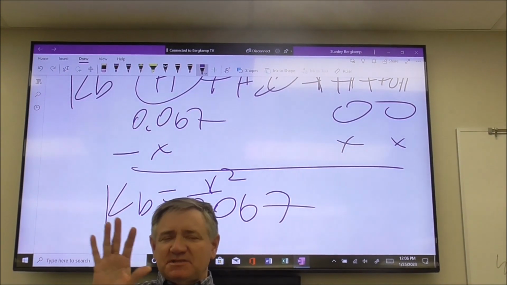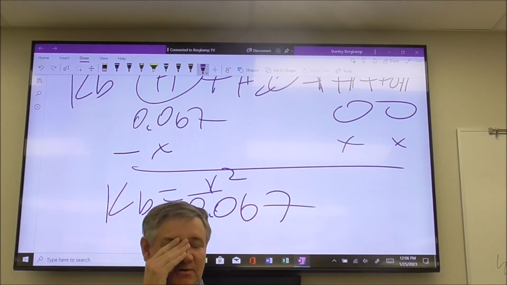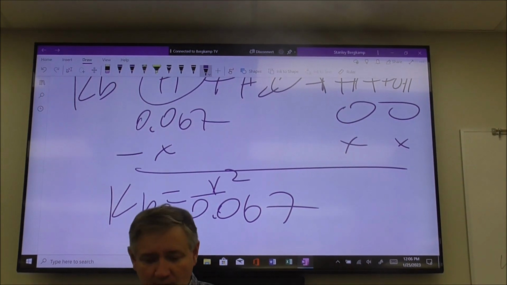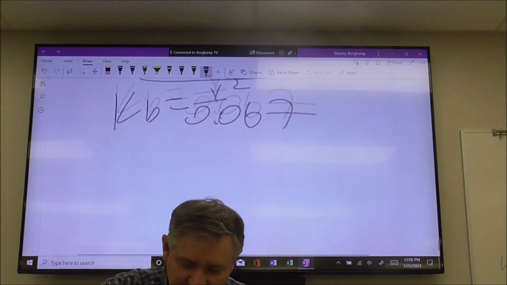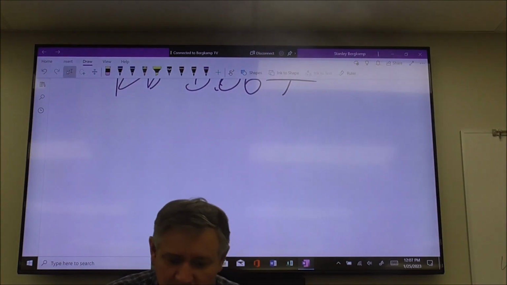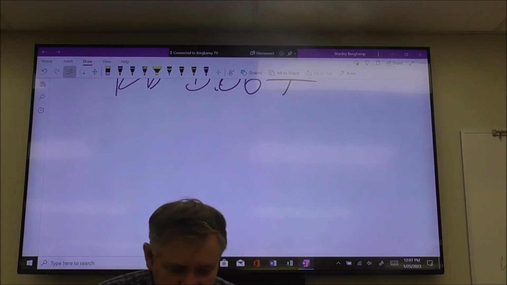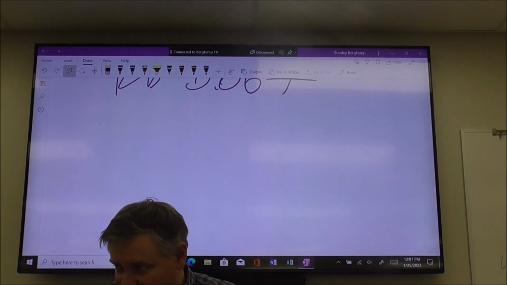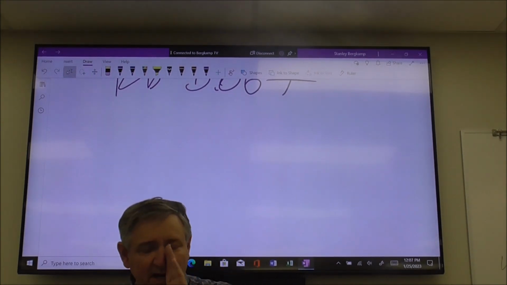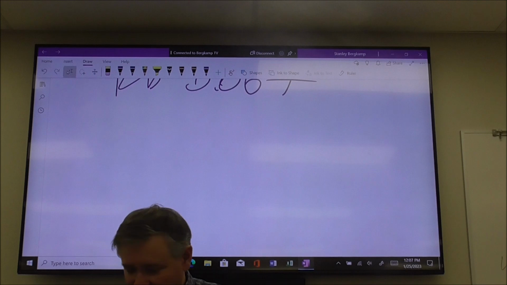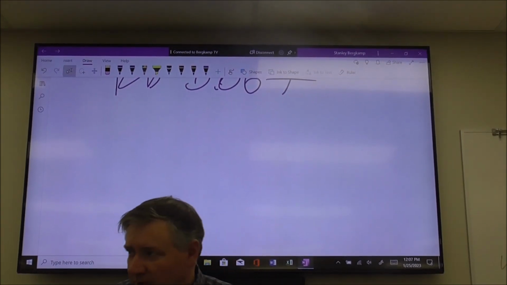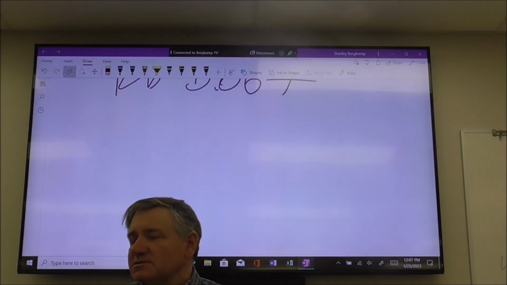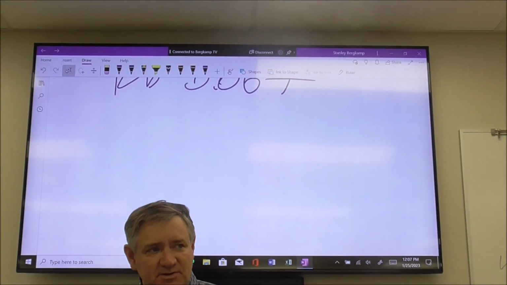So let me explain what's going to happen on how I wrote this lab. You're going to do 3 different titrations. The first titration is just straight acetic acid. You're going to get 25 milliliters of a 0.1 molar solution of acetic acid, and you're going to titrate that with 0.1 molar sodium hydroxide. Now think this through.